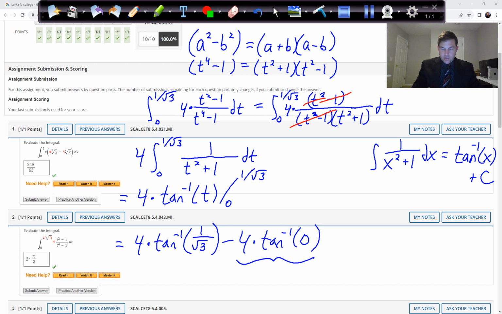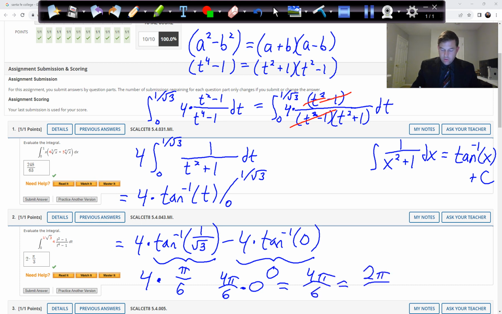Now the arc tangent of 0 is 0, and the arc tangent of 1 over root 3 is pi over 6, which you can find on the unit circle or type into your calculator. With the 4 out front, this becomes 4 pi over 6 minus 0, but that minus 0 doesn't matter. So we get 4 pi over 6, divide both numbers by 2, 2 pi over 3. And that is the answer for number 2.